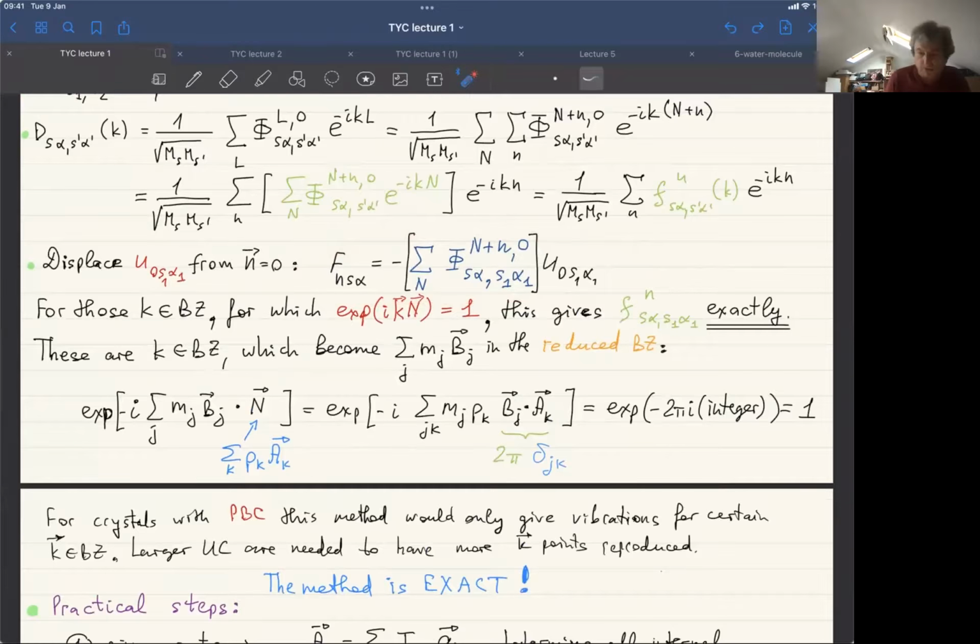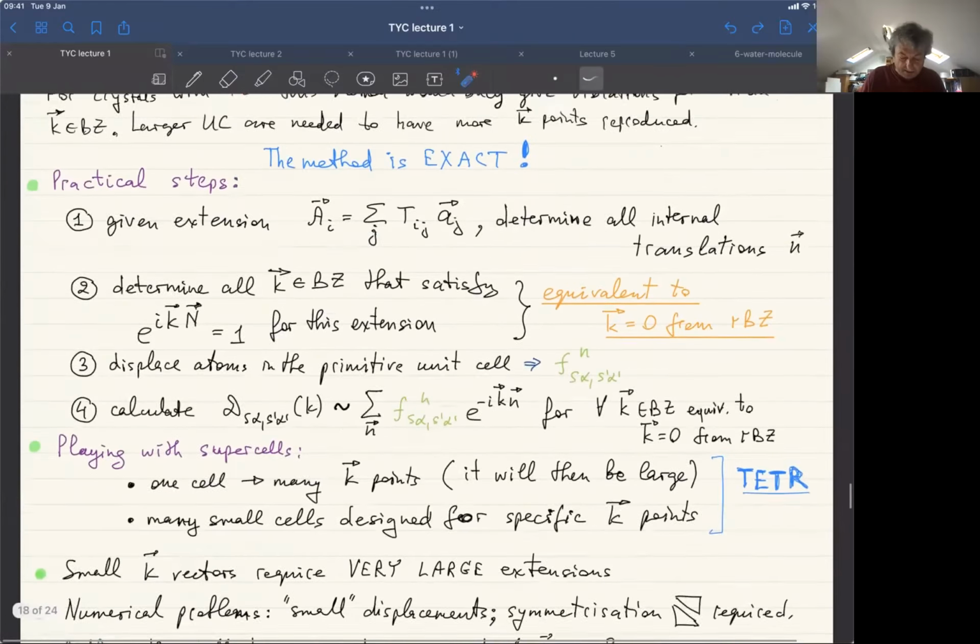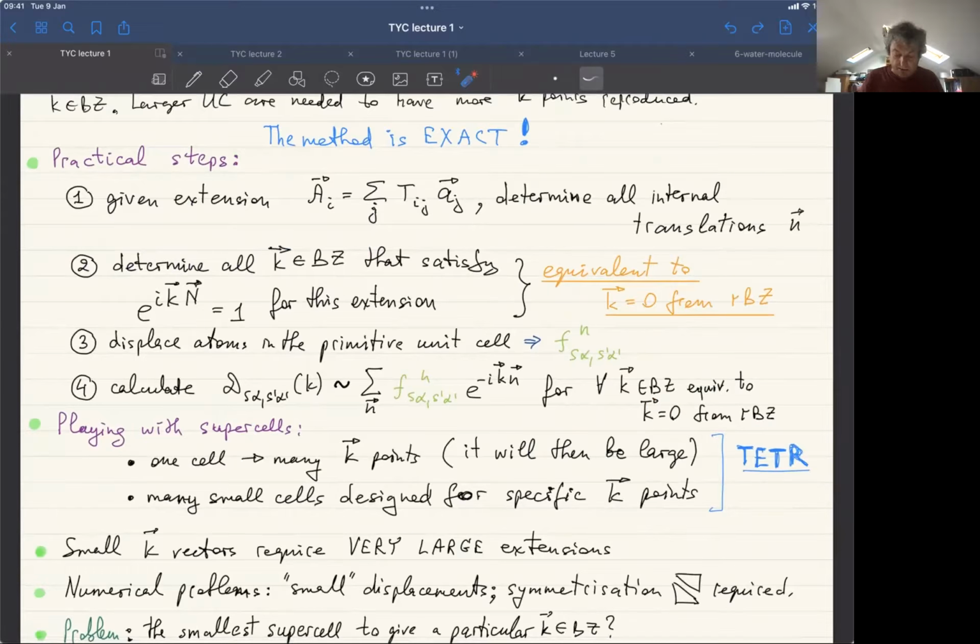But if the displacements are small, and if you do the calculation in the positive and negative directions, you move away these other non-zero terms to higher and higher orders of U, and therefore for small displacements these terms would give a negligible contribution. So this method is exact, and it allows us to do the calculation for different k points and obtain the phonon frequencies and eigenvectors.